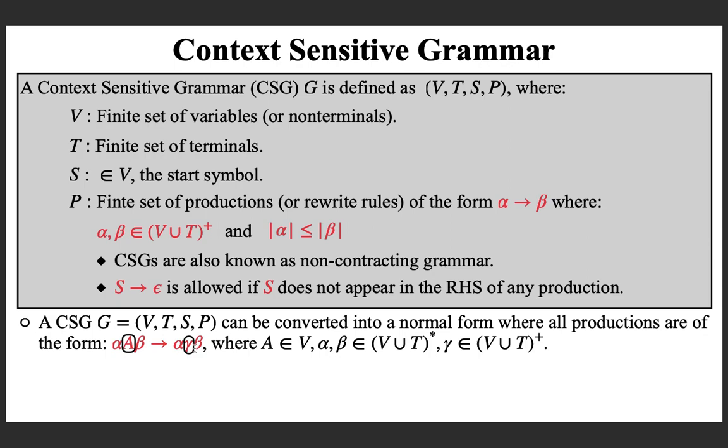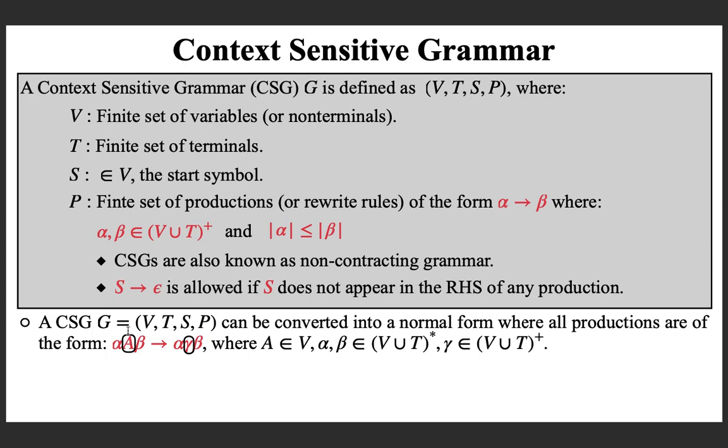Thus, you can say that a production of this kind, which is actually replacing capital A with gamma, can be applied only if capital A appears in this context, preceded with alpha and followed by beta.